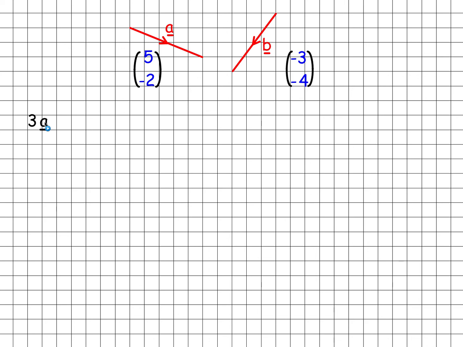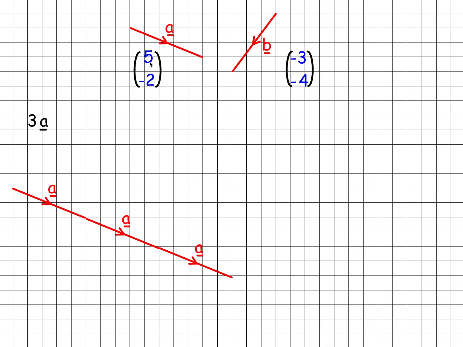What about 3a? Well, that means you can take a and add on a and add on a again. So that's a, that's now 2a, and that's now 3a. Just 3 representatives of a, head to tail, as if you're on a journey. And that means 3 times we went 5 to the right, and 3 times we went 2 down.